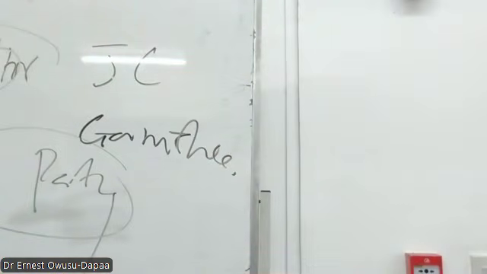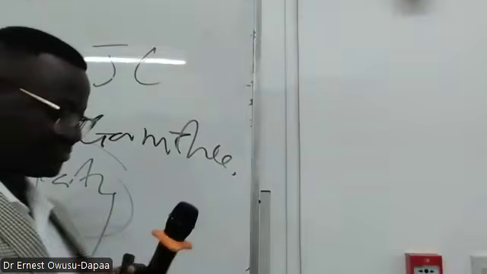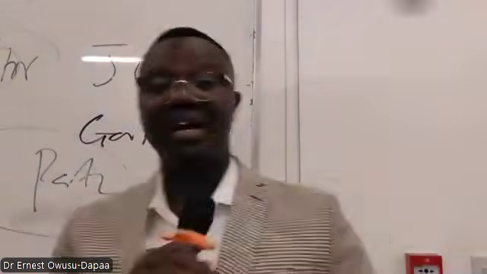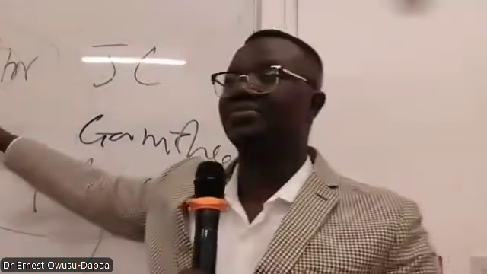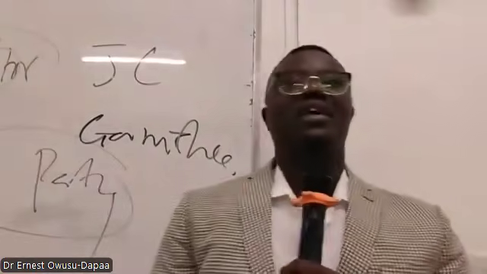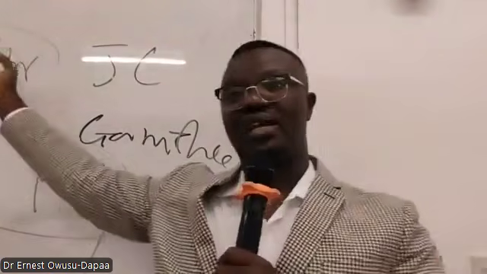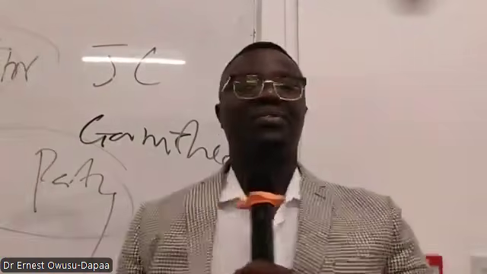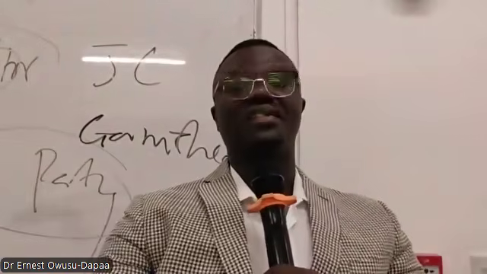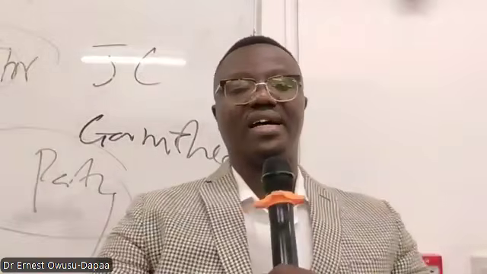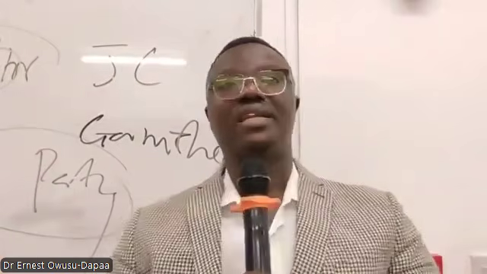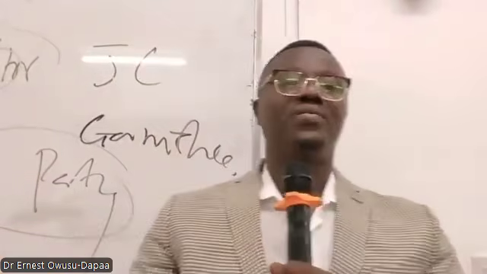It may well be that there's a contract between the judgment debtor and a third party, and the third party is supposed to pay some monies to the judgment debtor. So these are all some of the situations in which monies owed to the judgment debtor by a third party may arise.